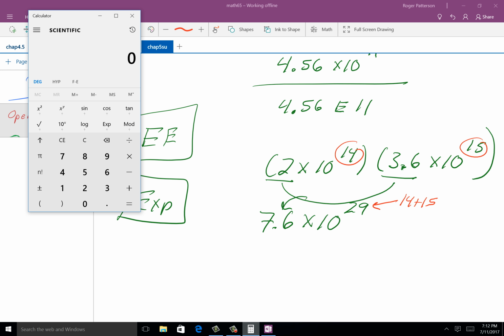I don't think there's an EX. I'm looking to see if there is. No. So you just do it that way if you're going to do it in decimals. Okay? So if you have a question on your calculator, which way to do it, I can look at it and try to figure it out.